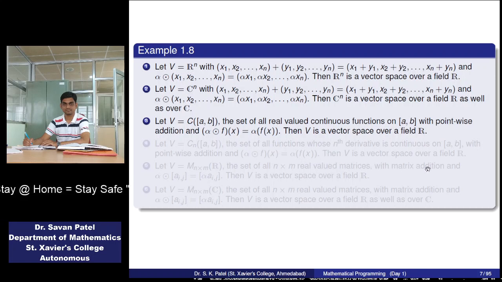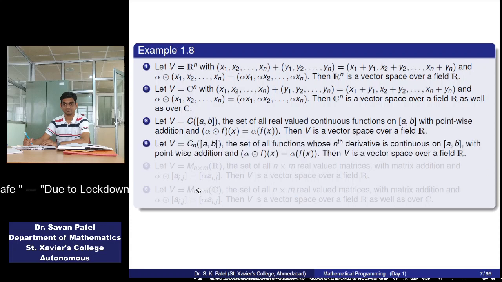Then V is a vector space over field R. Let V be the collection of n times differentiable functions whose nth derivative is continuous, with usual pointwise addition and scalar multiplication defined as previously, then V is a vector space over field R. You can verify all this at your home.